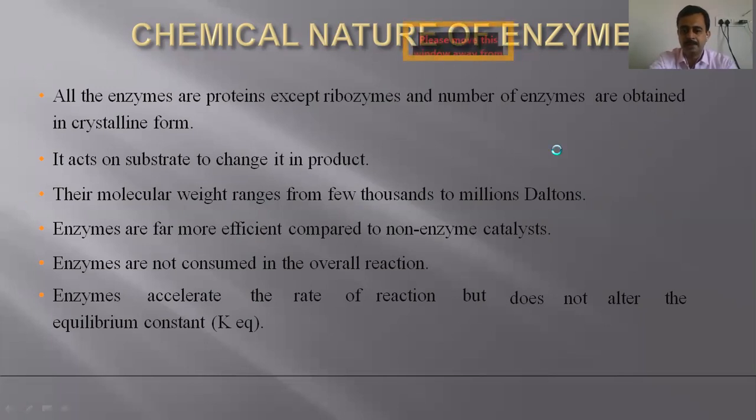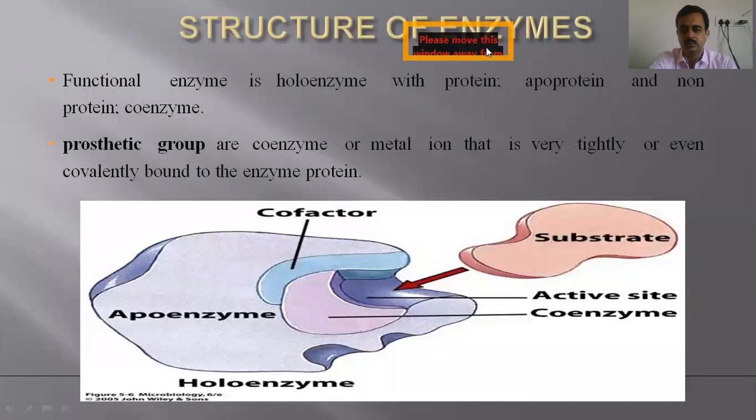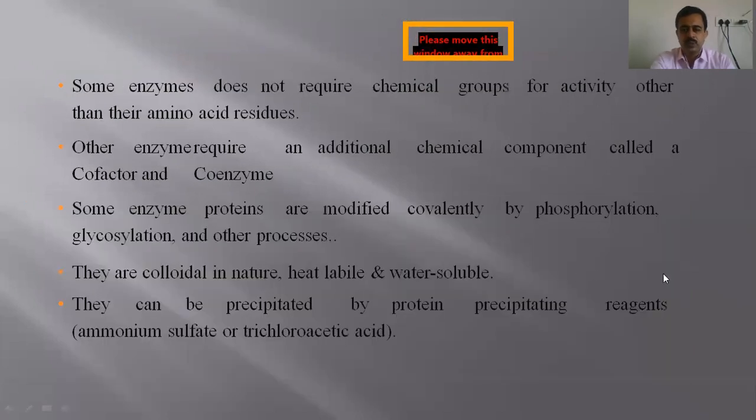Now, some enzyme proteins are modified covalently by phosphorylation, glycosylation, and other processes. Various different types of modification can take place in these enzymes also. They are colloidal in nature, heat labile, and water soluble.